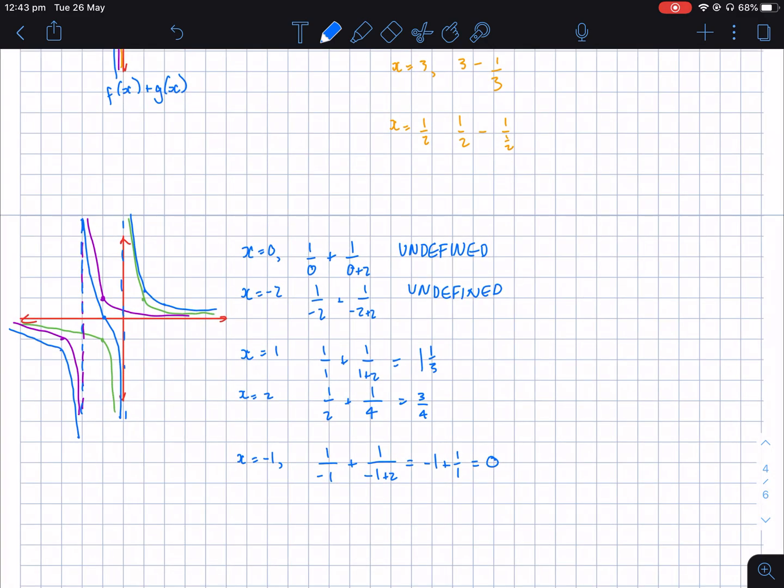Okay, now let's do the difference. 1 on 0 take 1 on 0 plus 2. Again, undefined. Again, undefined. 1 take a third, so 2 thirds. So x equals 1, I've got something less.